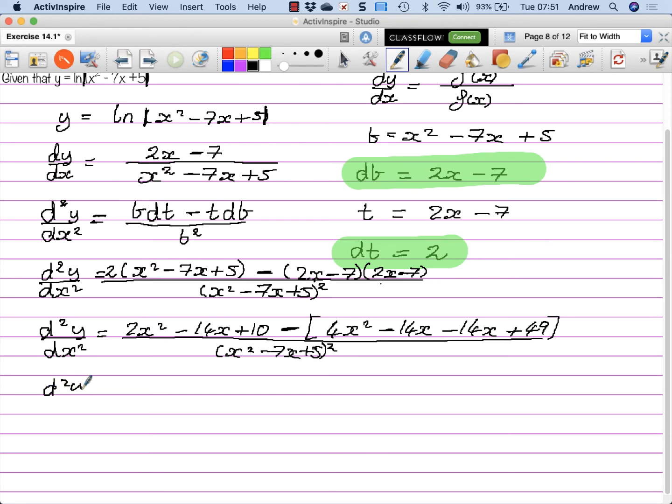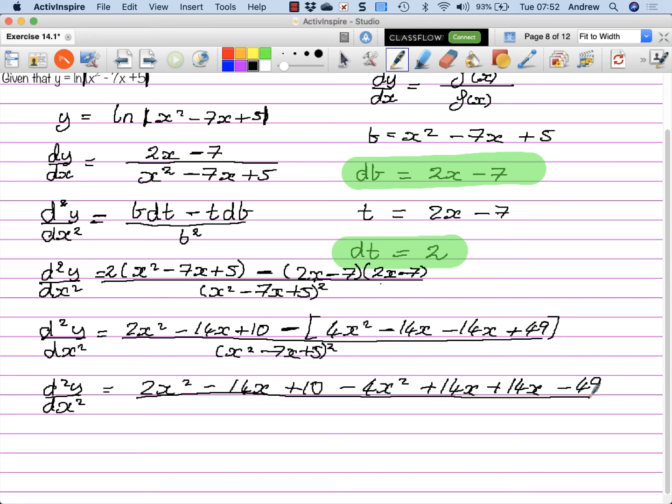Tidy up line, d2y by dx squared is equal to 2x squared minus 14x plus 10 minus 4x squared plus 14x plus 14x minus 49 all over x squared minus 7x plus 5 to be squared.